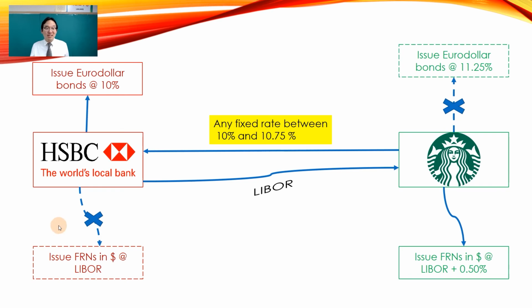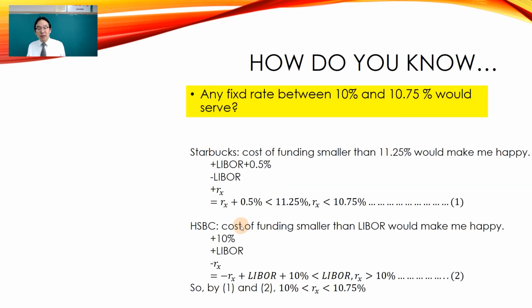If you go back one slide, they have to pay 10% fixed every year. So plus 10%. And then they have to pay LIBOR, and then minus RX, which is unknown over here, right? So the next slide is about 10% plus LIBOR minus RX.